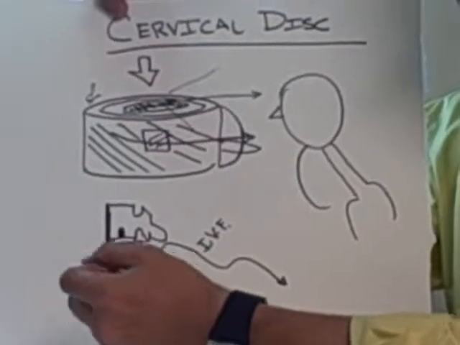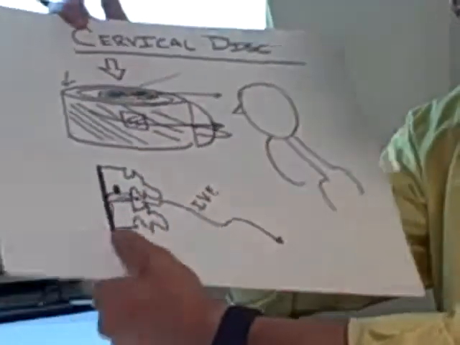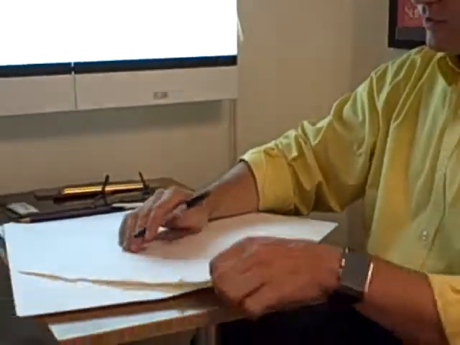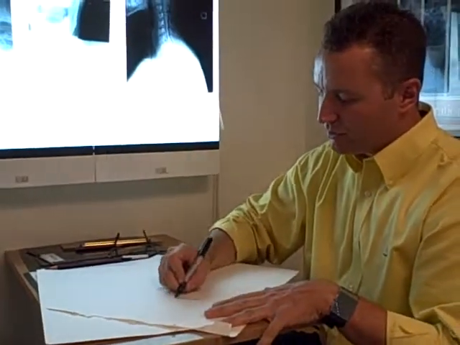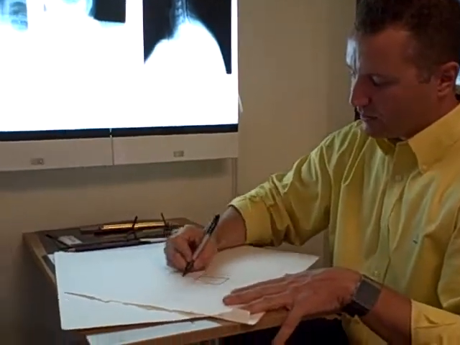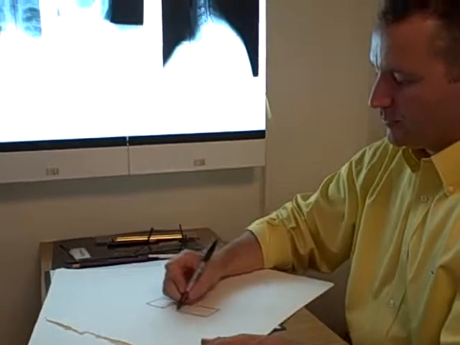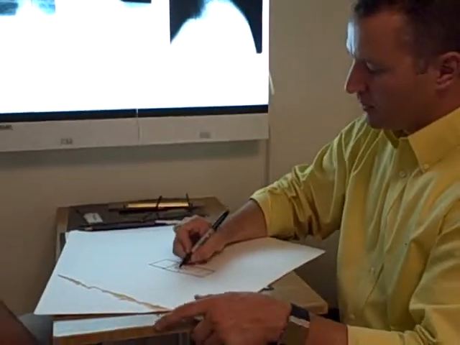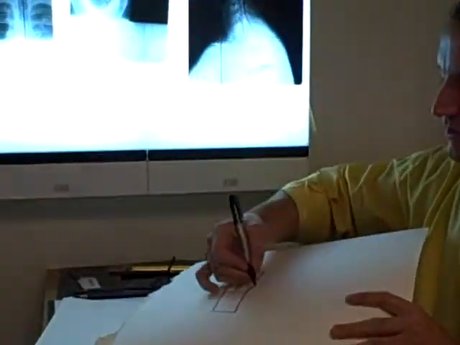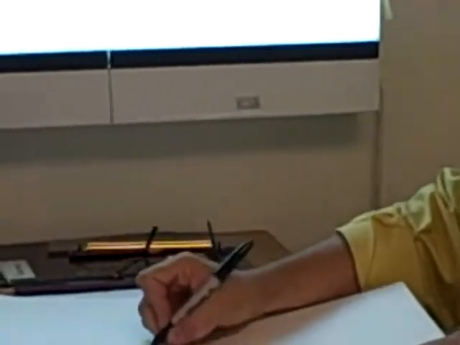The best way to do that is to create a negative pressure within the disc. And so if we're looking at the vertebra, what we want to do is induce two motions. And I'll just make them blocks here on this piece. The only way to get this to stop bulging back this way is to pull them apart.